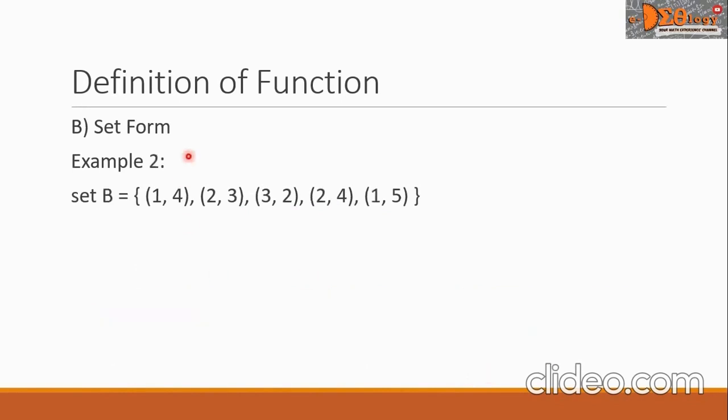Let's have example 2. We have here set B. The ordered pairs are (1, 4), (2, 3), (3, 2), (2, 4), and (1, 5).